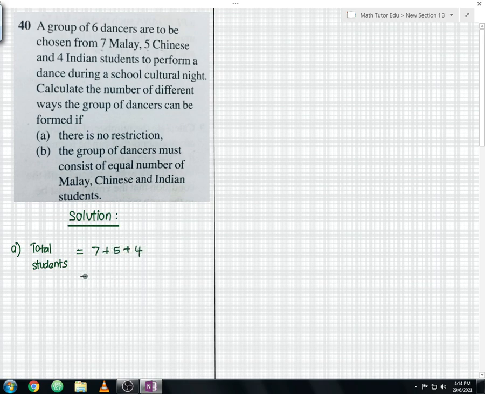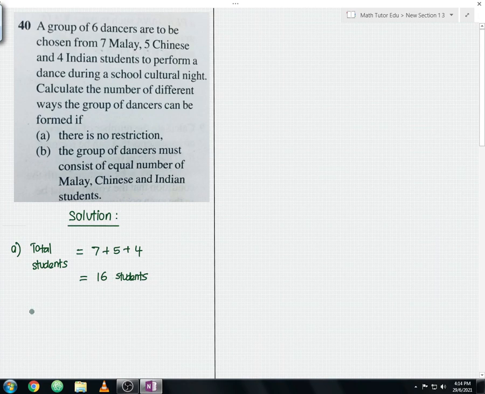So you have a total of 16 students. Since there is no restriction, among the 16 students, you are required to choose 6 of them, regardless of what type of race. You just choose randomly.